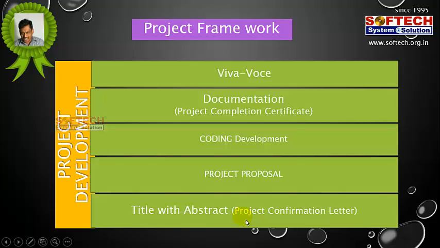So the project proposal consists of the project overview, that is the abstract, the definition of the existing system, the demerits of the existing system, the definition of the proposed system and merits of the proposed system. Then the software and hardware requirements, that is, the software and hardware specification to complete the project.